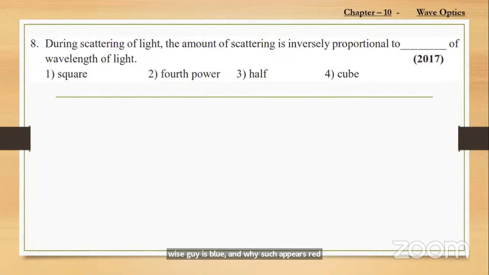The reason is called scattering, specifically Rayleigh scattering. What is Rayleigh scattering? It says that the intensity of light is inversely proportional to the fourth power of its wavelength. Remember that one.